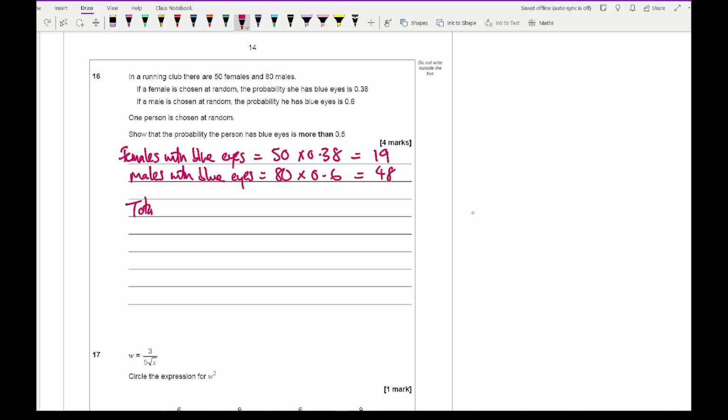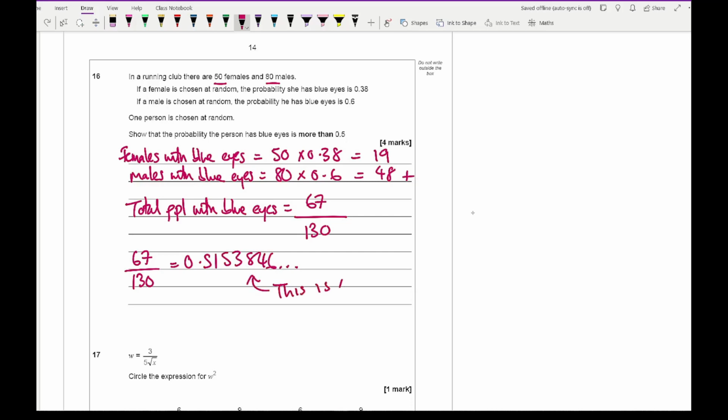So the total number of people with blue eyes is going to be 19 plus 48, which is 67, and the total number of people is 50 plus 80, which is 130. Now 67 over 130, if I type that into my calculator, gives me an answer of 0.513846 and so on. And as you can see, this is more than 0.5.